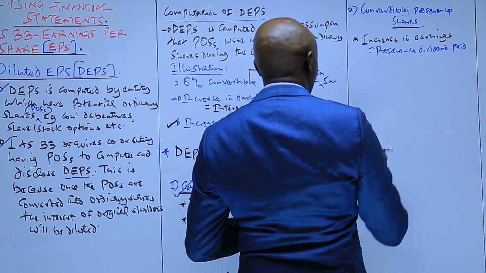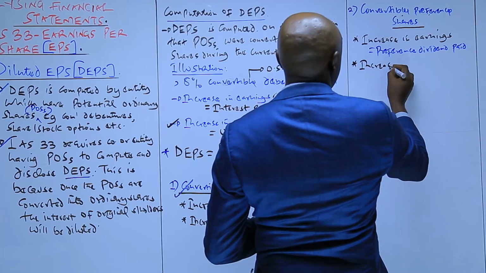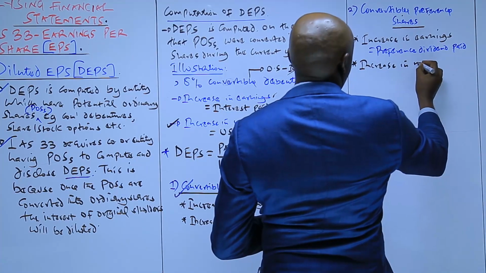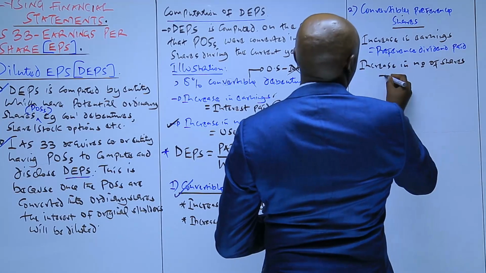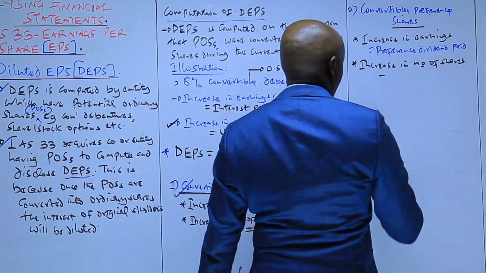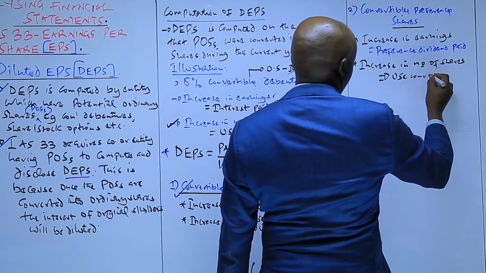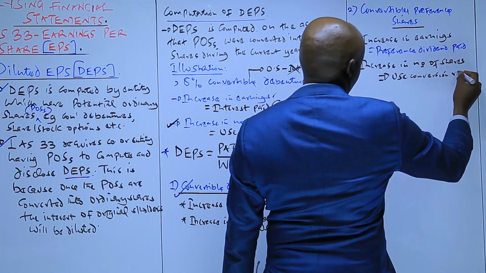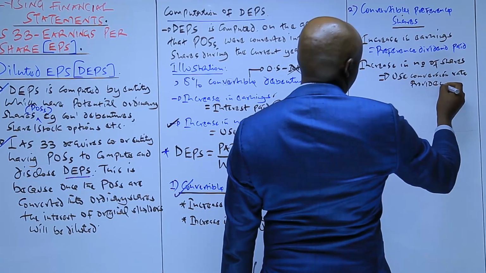And then number two, you determine the increase in number of shares. So equally to determine this increase in number of shares, you use the conversion rate provided.